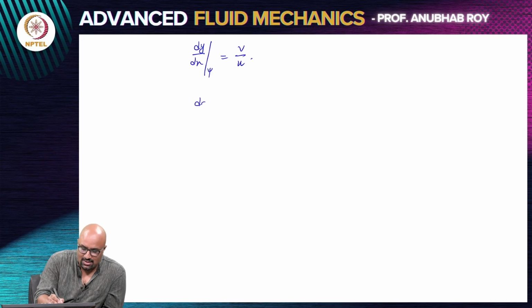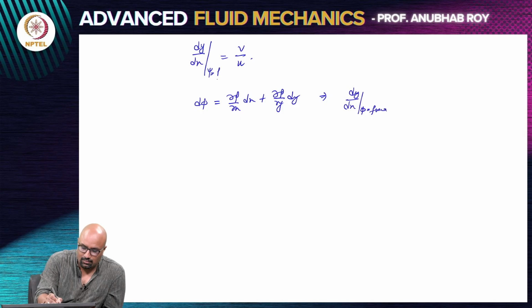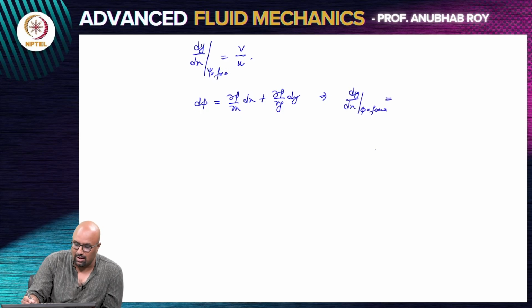You do the same exercise for phi. dφ will be ∂φ/∂x dx plus ∂φ/∂y dy. So, along a fixed value, for a fixed phi, I will have dy/dx for phi being fixed is equal to minus ∂φ/∂x by ∂φ/∂y.